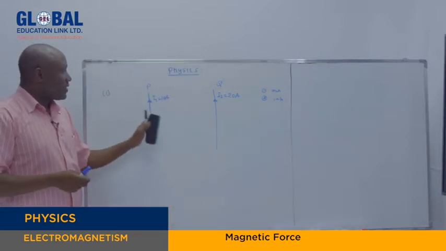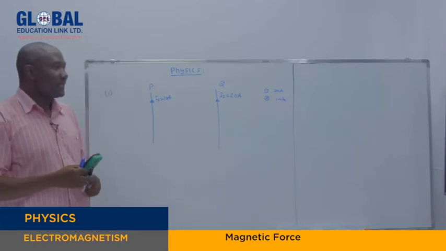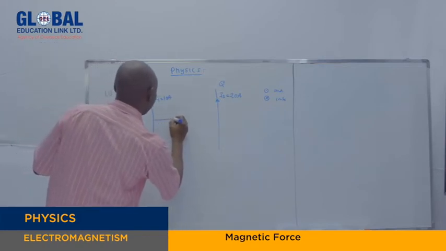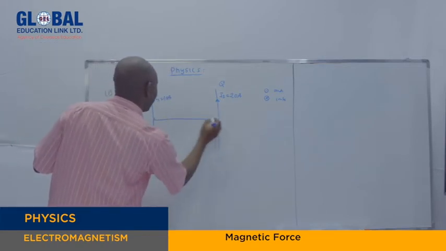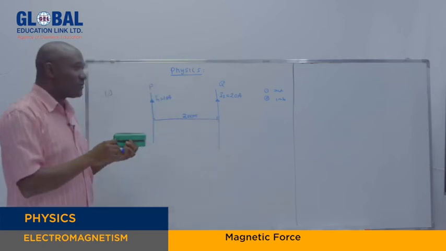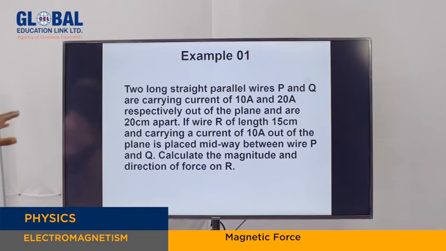So the two wires are given, the values of the current are given, and the distance between the two wires is given. The perpendicular distance here is 20 centimeters. Step number 1, you should know the information given in the question, and it should be shown on the labelled diagram.